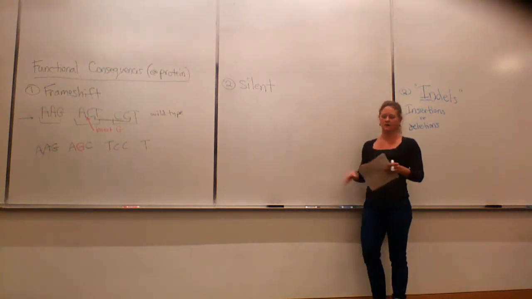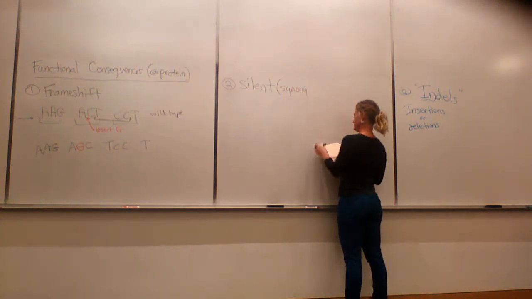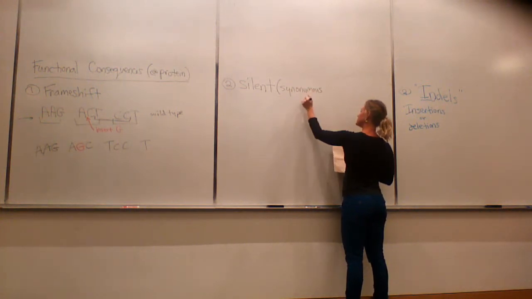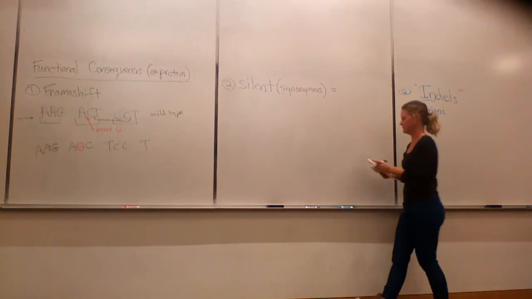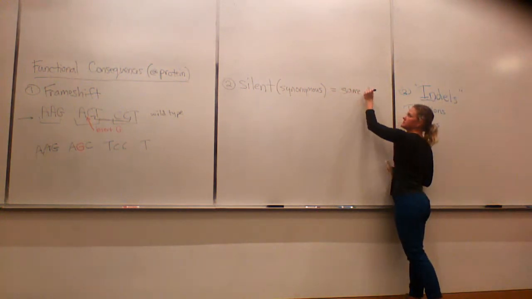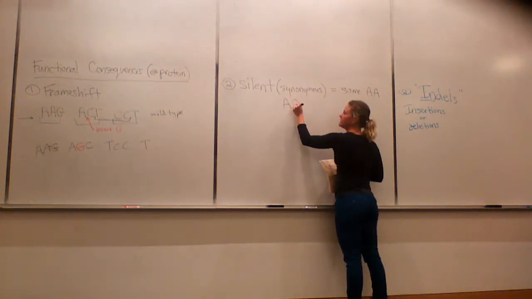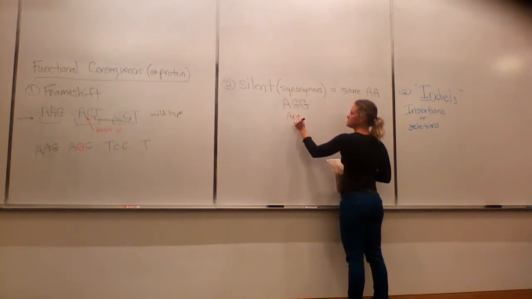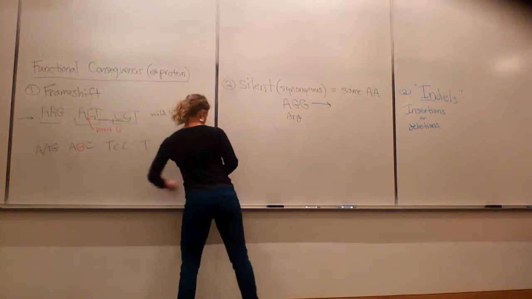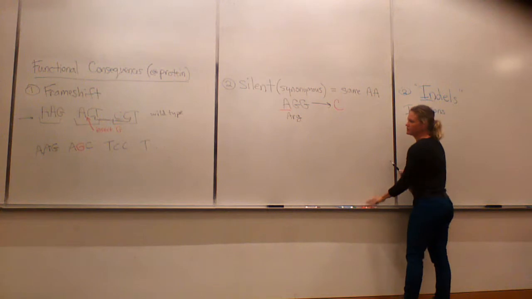Okay, so silent mutation is the same as synonymous. So that means you have the same amino acid as the result. Okay, and there's a ton of examples where you could go from arginine and change it to a C, for example, and you still have arginine.